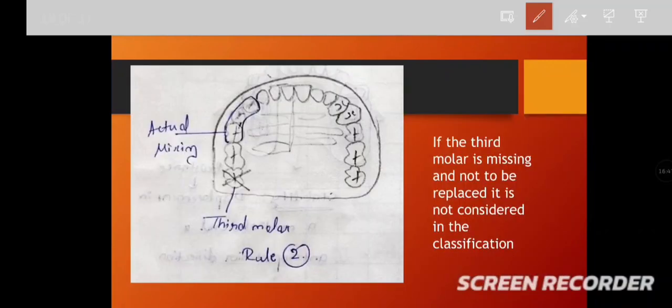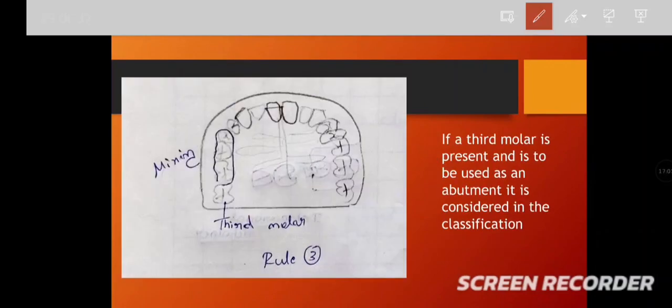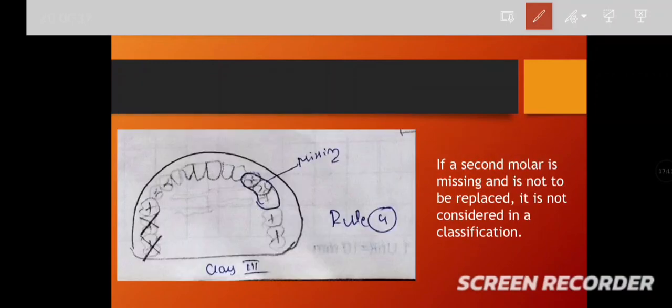Rule 2. If the third molar is missing and not to be replaced, it is not considered in the classification. In the picture you can see the actual missing teeth, so it is considered Kennedy's class 3. Rule number 3. If the third molar is present and is to be used as an abutment, it is considered in the classification. Rule number 4.